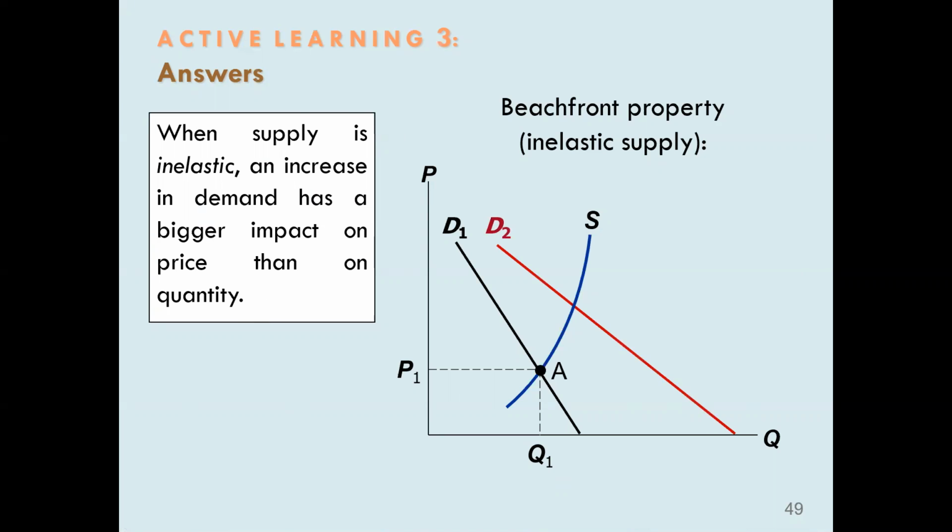And so when demand increases, it means that demand moves outward. We would see that this is going to have an effect on price. Price will increase from P1 to P2, and hence the quantity supplied would also increase from Q1 to Q2.